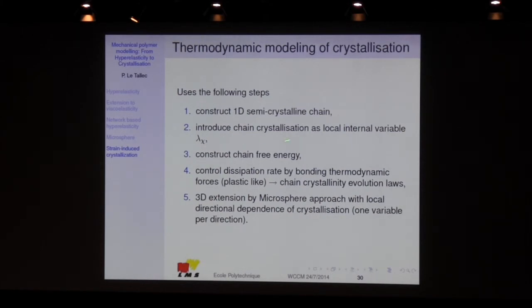Construct a 1D chain with crystallization, introduce in this chain the crystallization as a local internal variable, construct the chain free energy, and identify the dissipation at this level, which might be questionable, but which is rather simple, and go through a microsphere approach to a full global model.